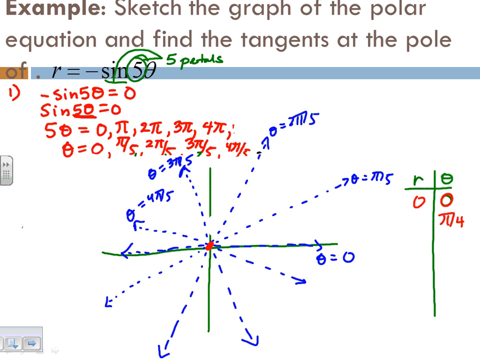Are you sure? Are you putting it into sine? So pi over 4 is going to be sine of 5 pi over 4. Okay, so it's radical 2 over 2.